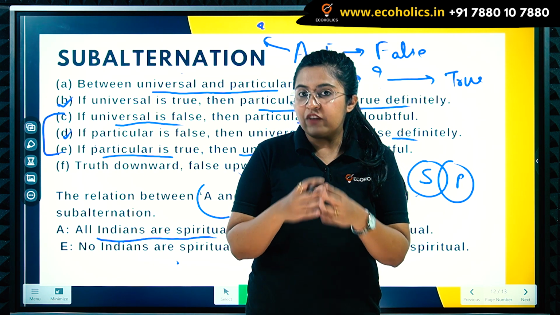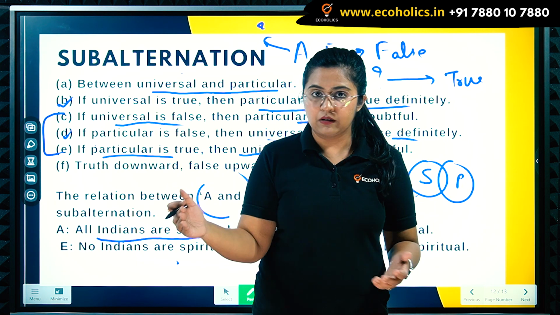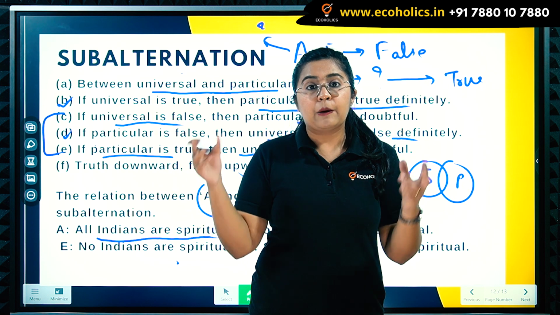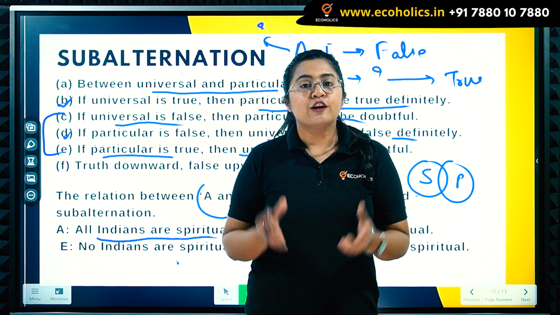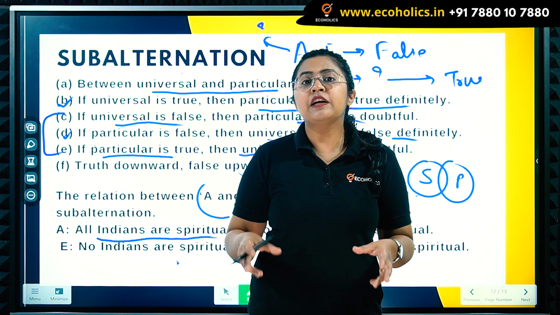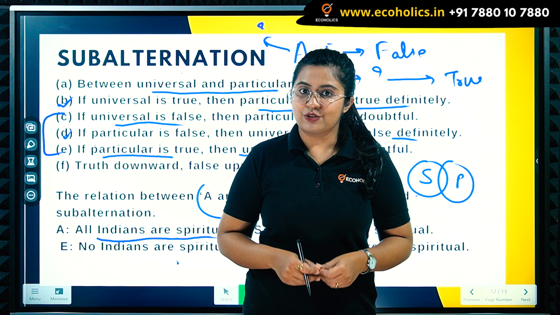It will very nicely clear all your concepts regarding various terms and sentences and how they are correlated with each other. So with these rules, the 4 types of classical square of opposition will be well understood.